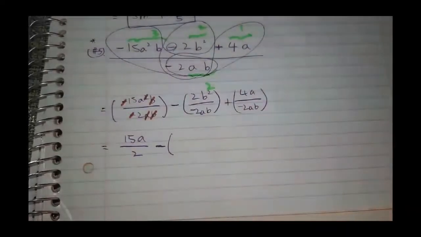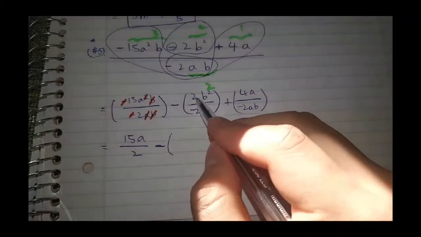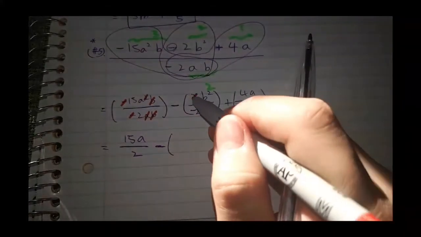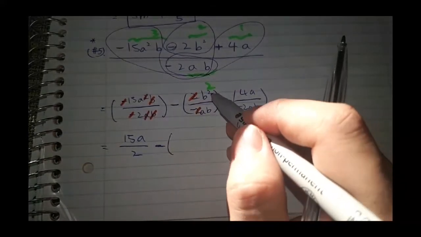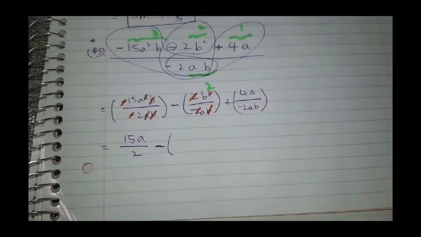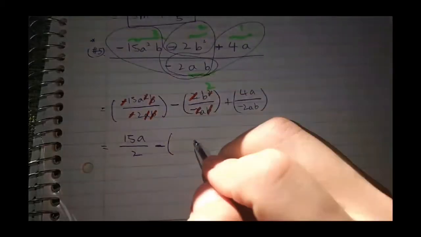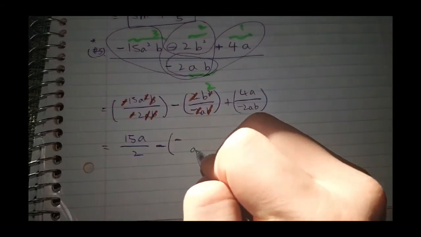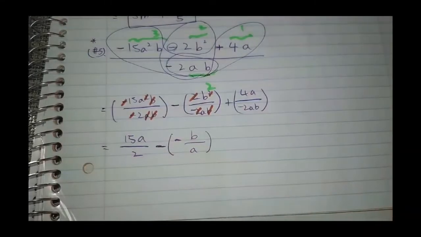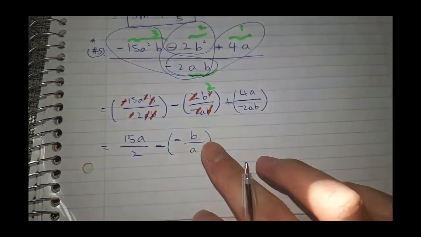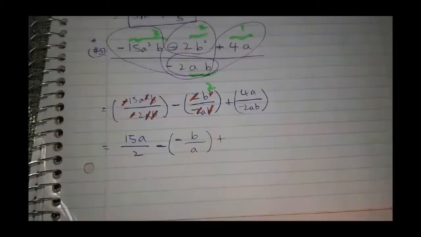Minus, and then you have 2 and 2, so I can divide and simplify into 1 over negative 1 at the bottom. B and b can be cancelled, so you have negative a b on the top, and that's it. We're not going to do any sign notation now.